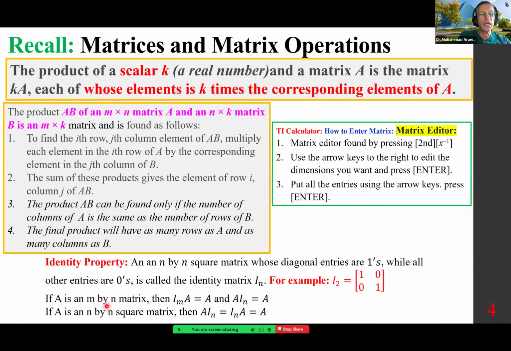If A is an m by n matrix, then I sub m times A equals A times I sub n equals A. And if A is an n by n matrix, then A times I sub n equals I sub n times A equals A. The identity matrix works like an identity element for multiplication of numbers. So that's important to remember.